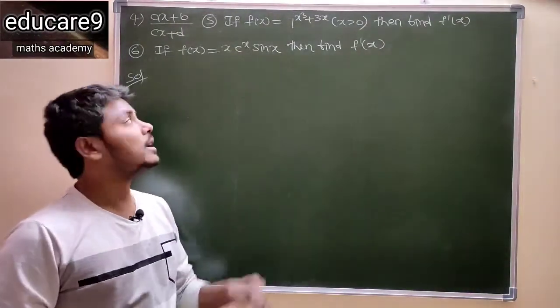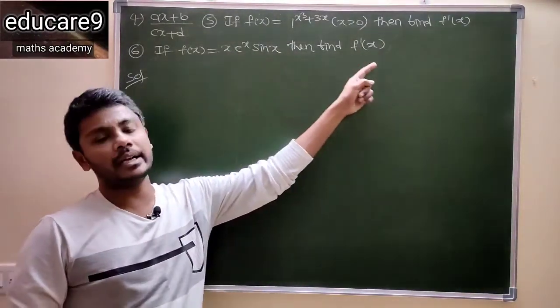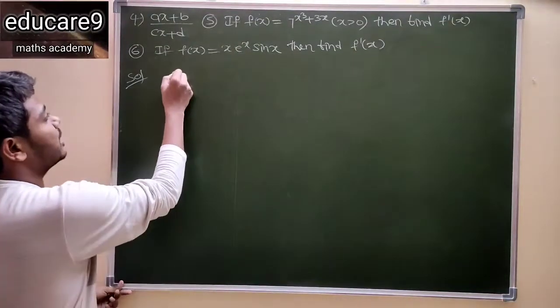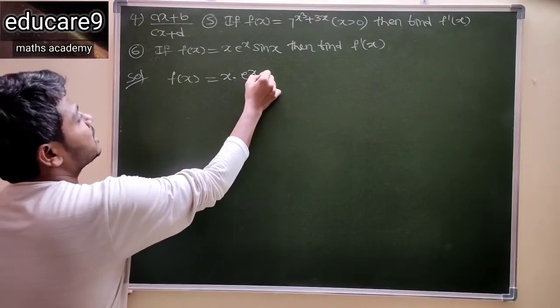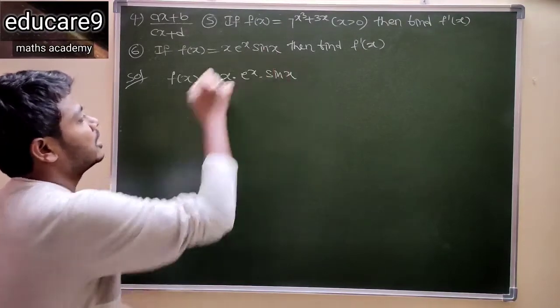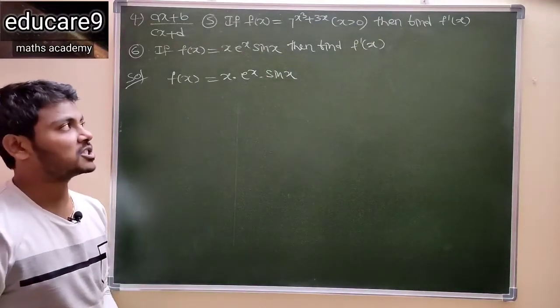So see the sixth one. f of x is given, then find f dash of x. See here, given f of x is equal to x into e power x into sin x. Here is a product of three functions.